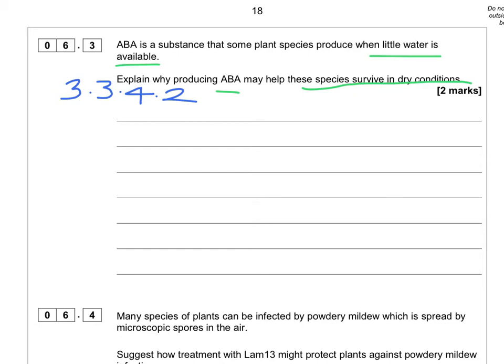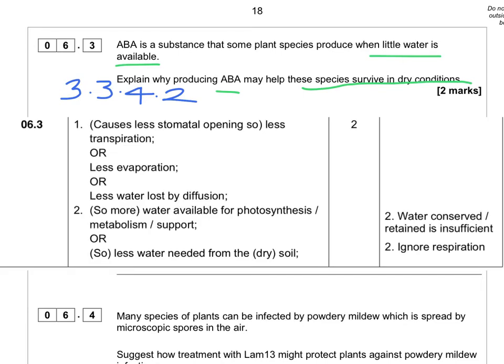I think that's the difficult part of this question, the second part. The reason for this is that it does say in the question, explain why producing ABA may help these species survive. If you conserve water, how is that going to allow it to survive? So you've got to go a step further in your thinking. So what is the water going to be used for? And you need to give an example of that.